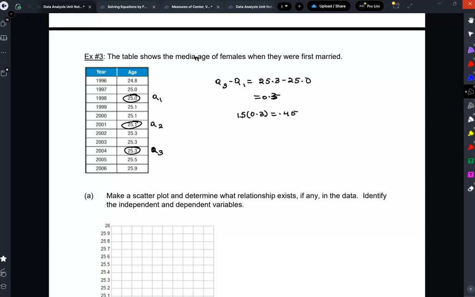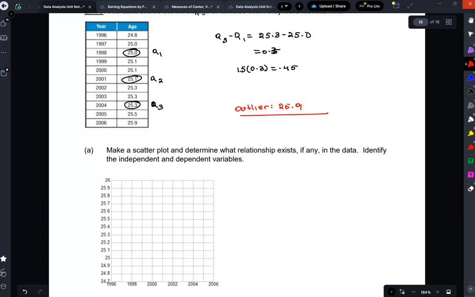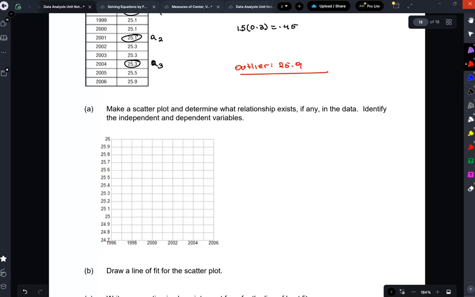So 25.9 is an outlier. Okay, so now when I do this, I'm going to plot the outlier, but I'm not going to use it in my scatter plot, in my line of best fit. Okay, so let's do this.